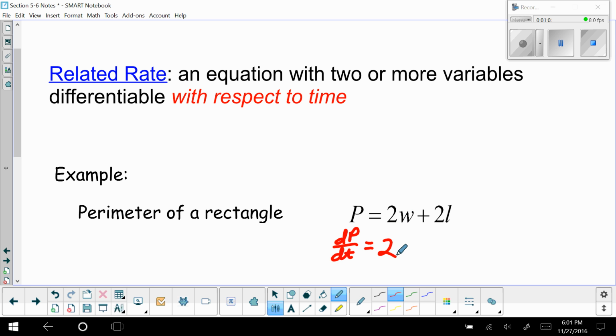Derivative of 2W is 2, but then chain rule on the W, since I'm doing this with respect to time. And 2 times L derivative is 2, but then I need derivative of L with respect to time. And this is our related rates equation here that we're going to then plug values into to find dP/dt.